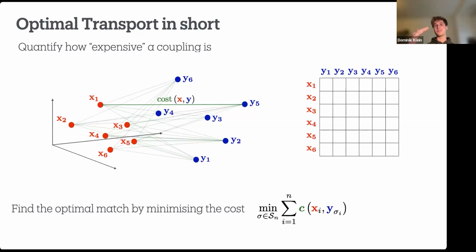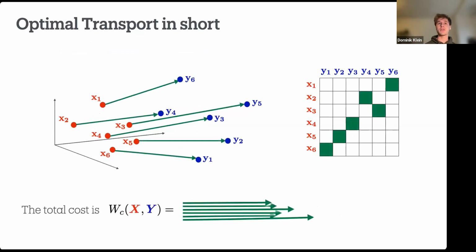So we look at all these pairs of connected points, look at their distances, and want to make sure that each data point in the source distribution is mapped to one data point in the target distribution.